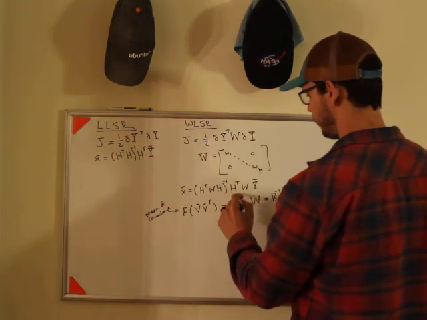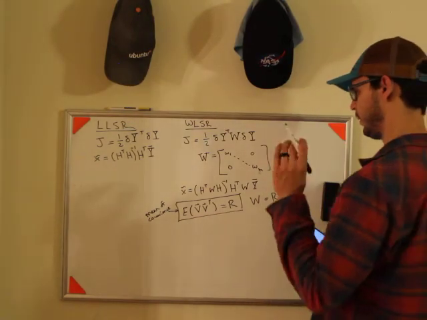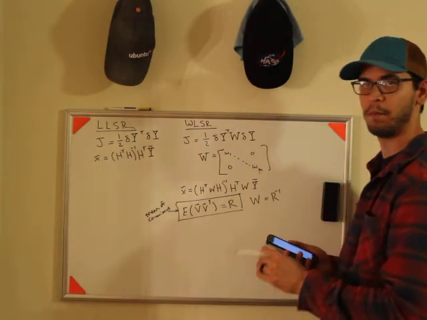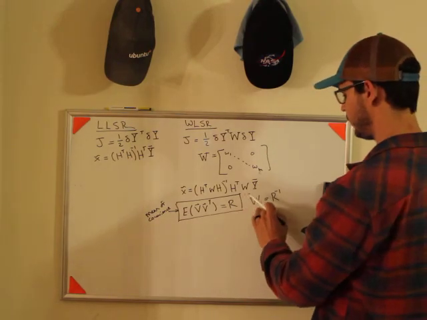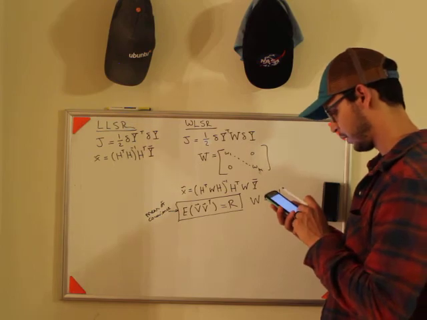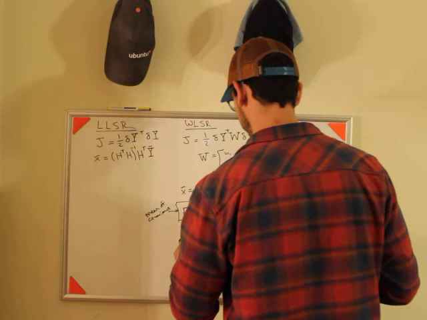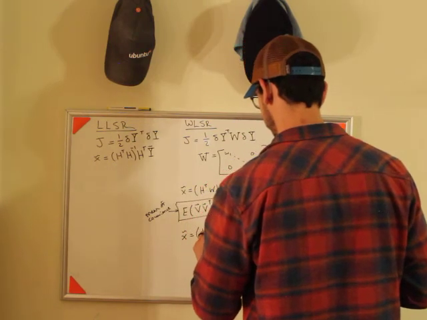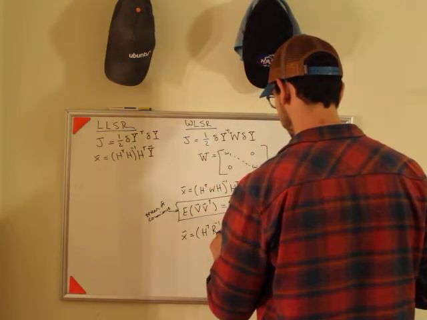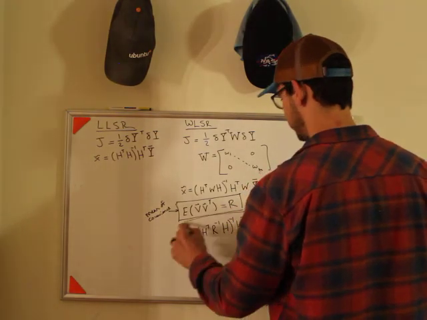And so I'm probably going to talk about this again in another video, but the idea is that you assume that the expectation of your measurement noise is R, and then you set W equal to R inverse, so it's inversely proportional. What you end up getting is that x tilde is H transpose R inverse H inverse H transpose R inverse Y bar. Okay?